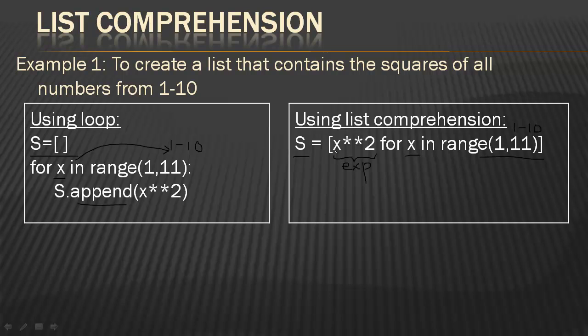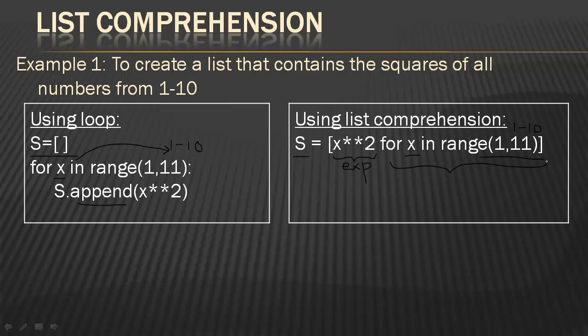But what is x? That is given to you by this loop, which ranges from 1 to 10. So it's exactly similar to using a loop, but there you saw I made use of 3 statements. Here I'm making use of a single statement, and that's why I say it's compact. Okay, so this is how I could do the same program using a loop or a list comprehension method.